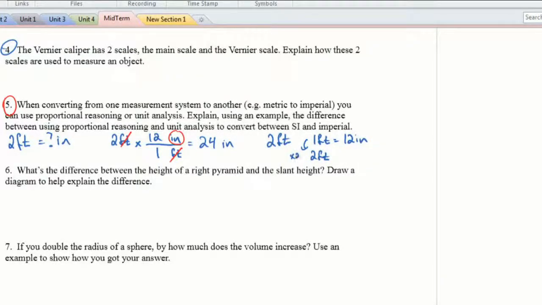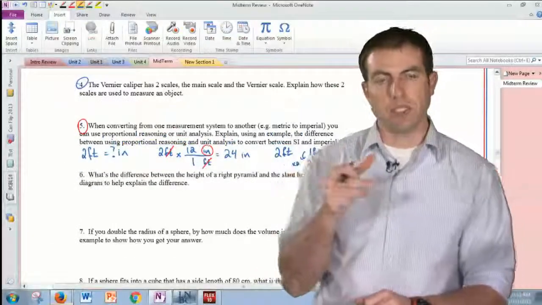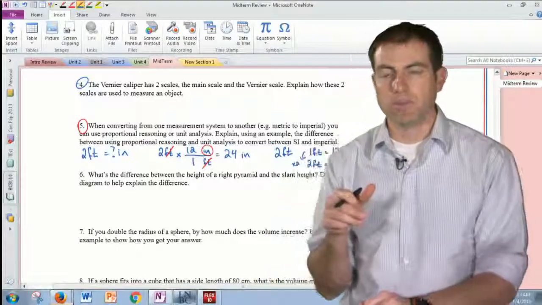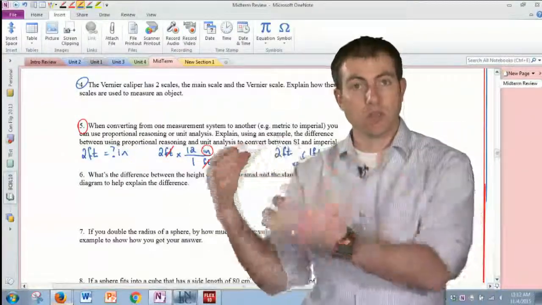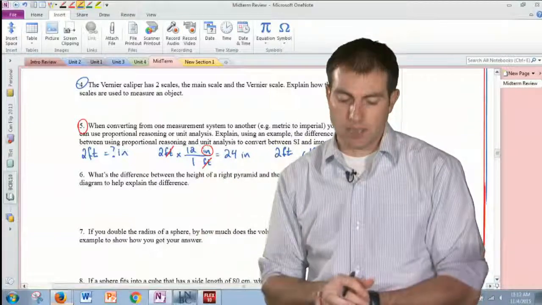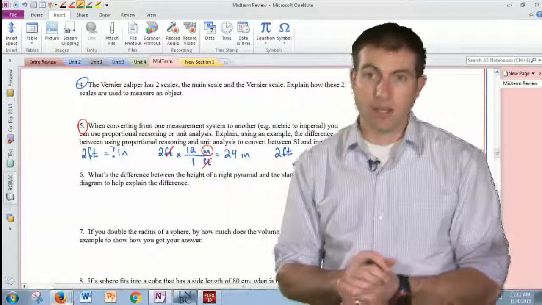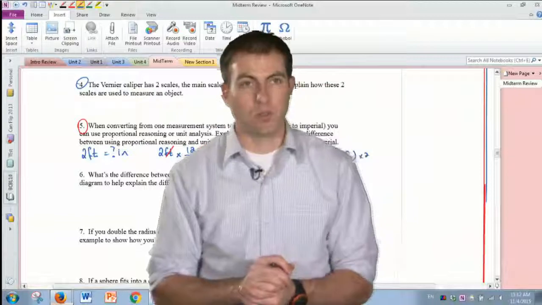Well, I just multiplied it by 2. So what am I going to do on the other side here? I'm going to multiply this side by 2 as well. So I'm going to end up with 24 inches. So that's more of a proportional reasoning type solution. You're using the relationship between feet and inches, kind of moving from one to the other. You're going to multiply the first thing by 2, so you multiply the second by 2. So that deals with the proportional reasoning.